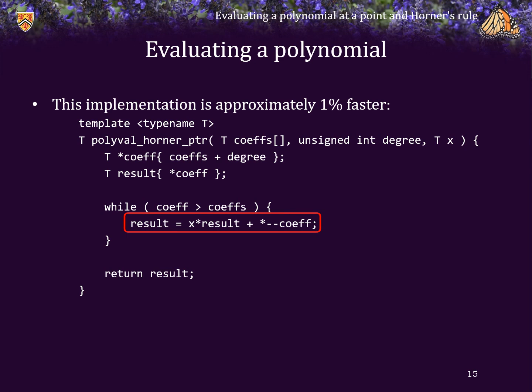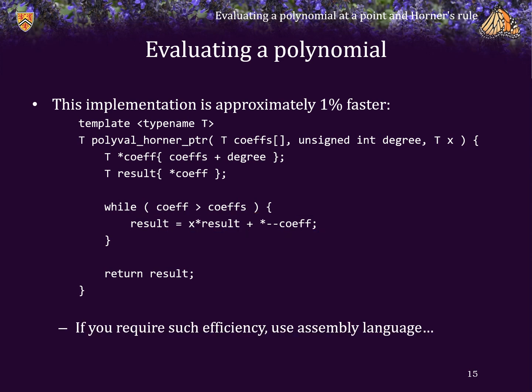Star in front of that dereferences that address, so that says, okay, go to the previous address and return what was there. Now coef has been updated, and we have just accessed that entry. Most of you will never care about this, but some of you might find that entertaining. However, in reality, if you require such extreme efficiency, you either really need a lot of comments or just use assembly language.